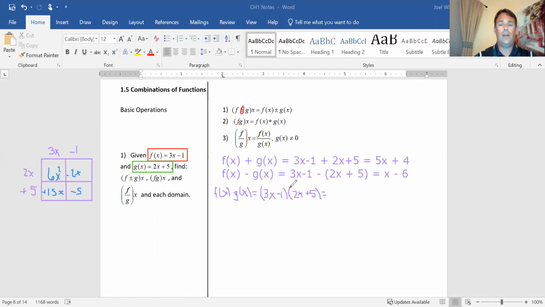When we combine our like terms, we end up with 6x squared plus 13x minus 5.